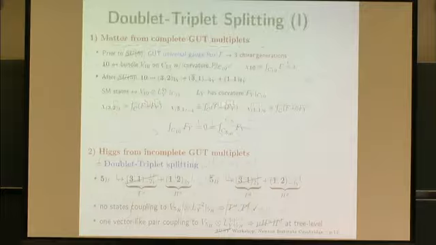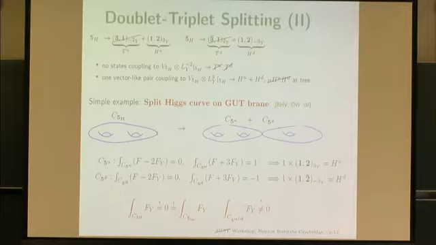There are various ways to do that. A very simple, very clean, but also very difficult method, as it turns out, to do so is to ensure that the Higgs curve splits. Namely, suppose instead of just a single Higgs curve, we have two, a Higgs up and a Higgs down curve.